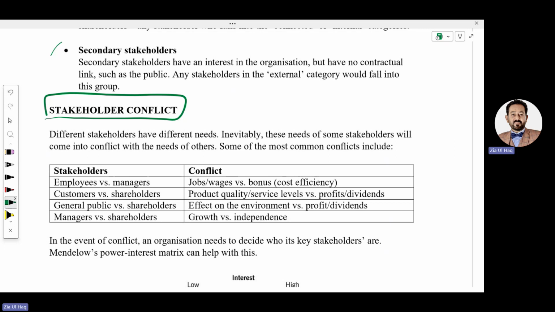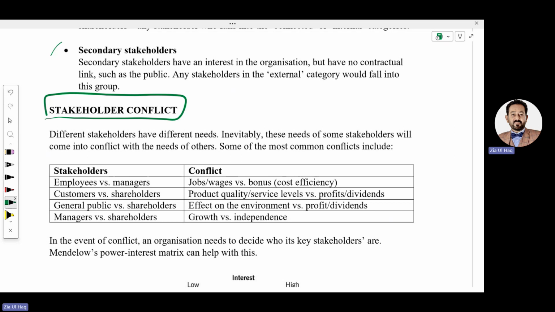If you increase selling price, this will affect the best of your customer. But customer is also your main stakeholder. You don't want to affect the customer. Then how can you increase profit? By reducing cost. If you try to reduce cost by redundancy, meaning removing some employees from the job, you will have conflict with the trade union as well as employees. If you try to cut cost by changing supplier, you will have conflict with the existing supplier. So this is called conflict of interest, stakeholder conflict.